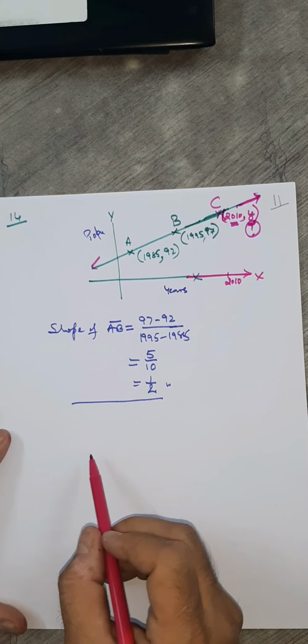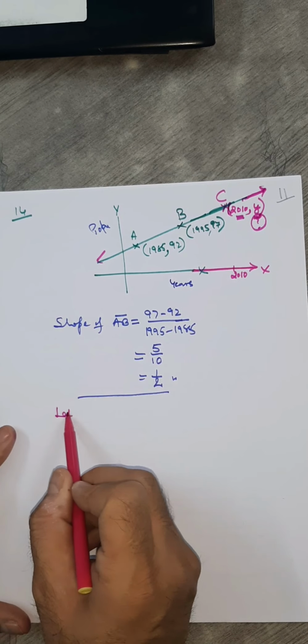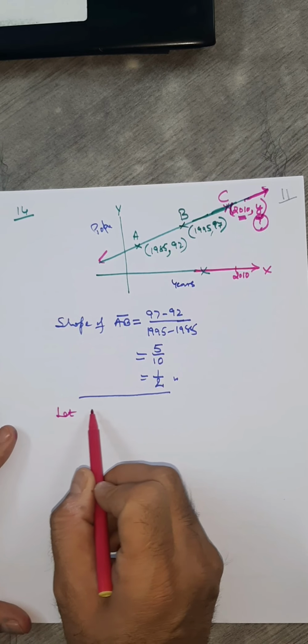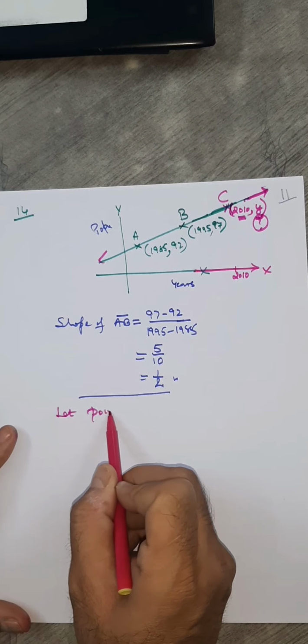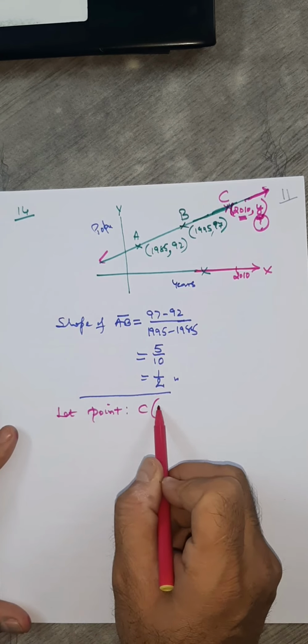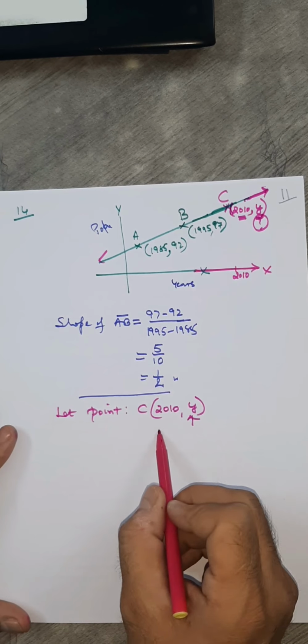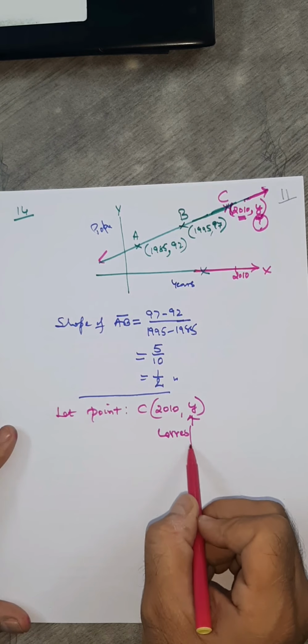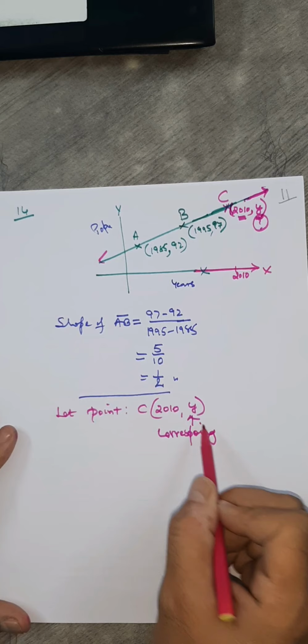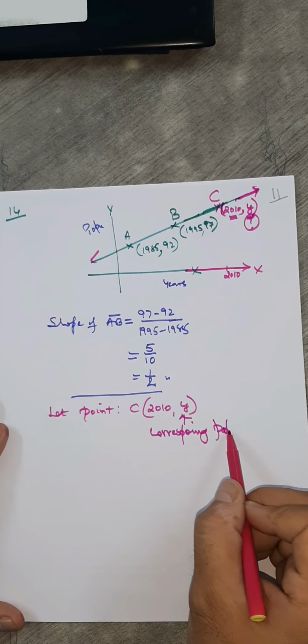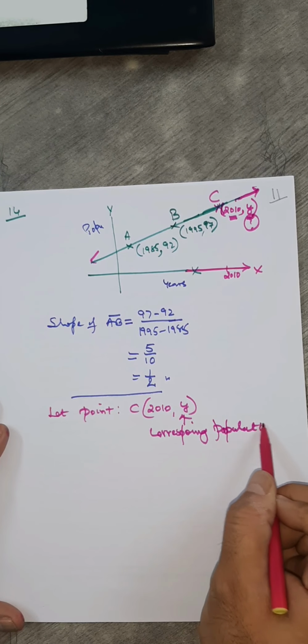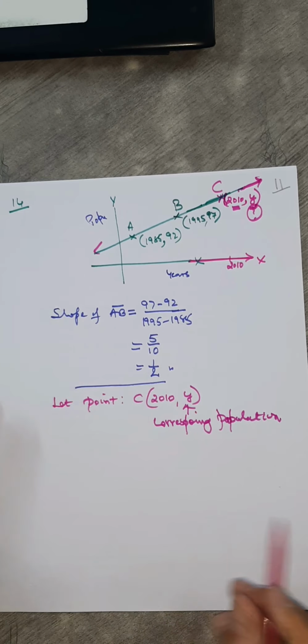So we need to find y here. Let point C here be 2010 comma y. So what is this y? That is the corresponding population. Corresponding population means population in 2010. So we need to get this.